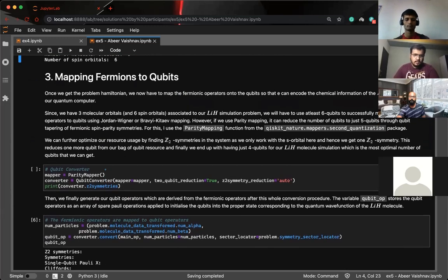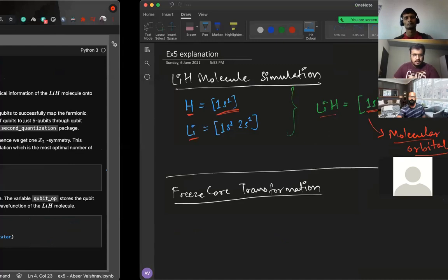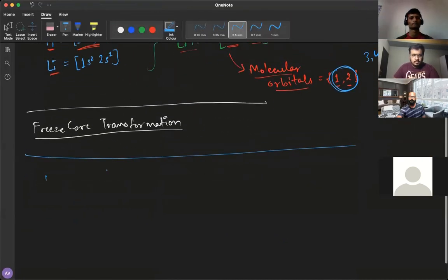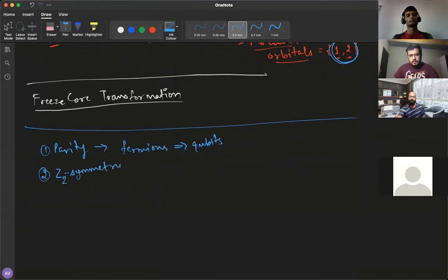Initially, there are two symmetries that we see here. One is known as the parity symmetry, and the Z2 symmetry is quite a high level topic, so I won't be covering it in full depth, but just keep in mind that these two symmetries essentially help us reduce the number of qubits that we use for simulating the molecule.